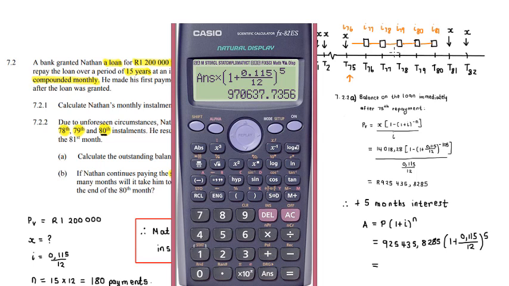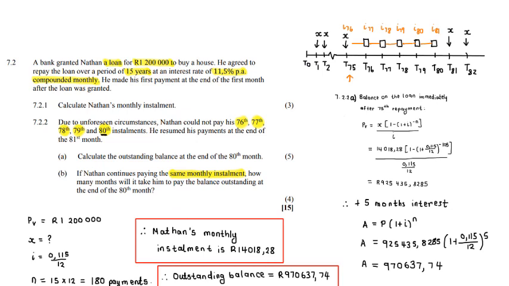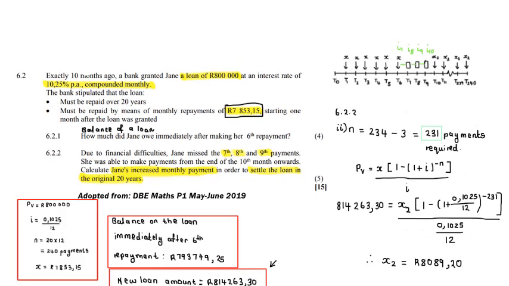So if we just quickly go back to Jane's situation and compare what happened over here, Jane also missed some payments, and then what she decided to do, once she started repaying again, was to pay an increased monthly installment.